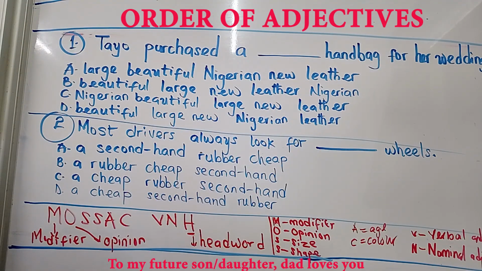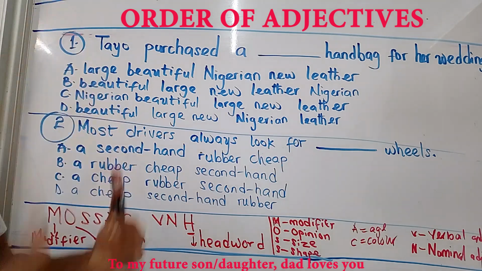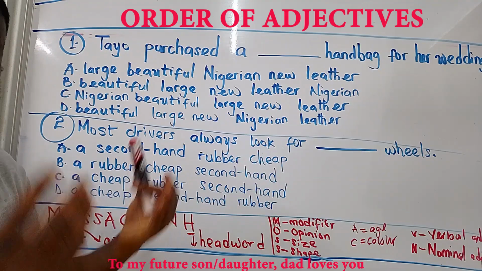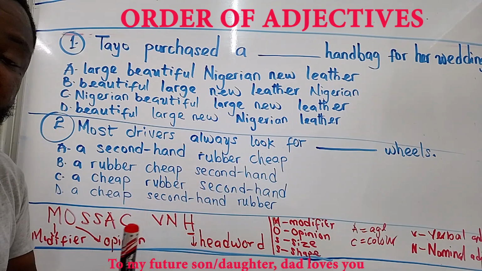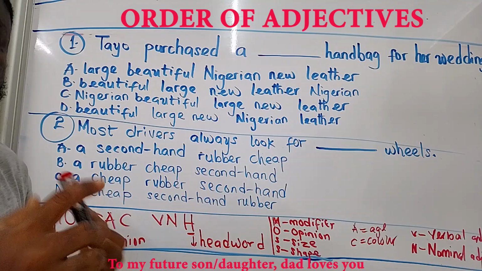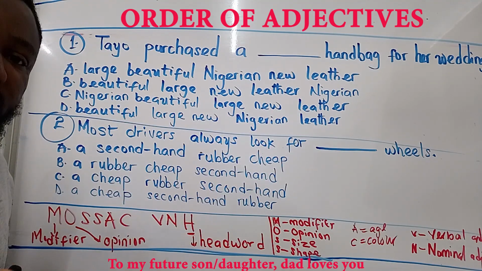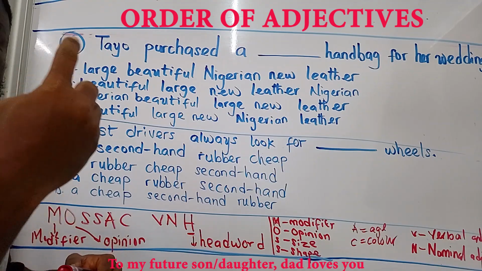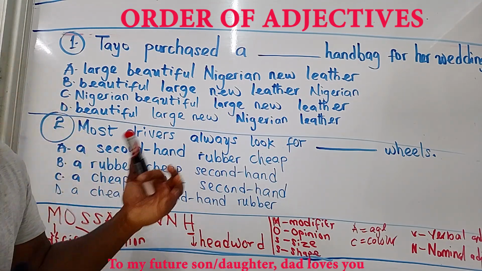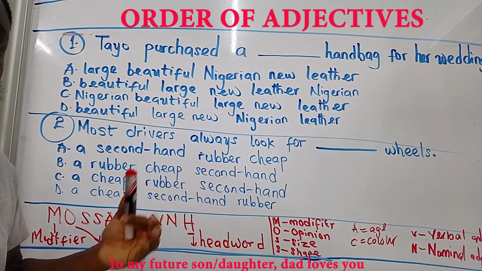Now, what is the modifier? The modifier simply stands for determiners, such as articles, a, an, the. You have demonstratives, this, that, those, these. And then you have cardinals and ordinals, cardinals like 1, 2, 3, 4, 5, and ordinals like first, second, third, just numbers, or you have quantifiers.